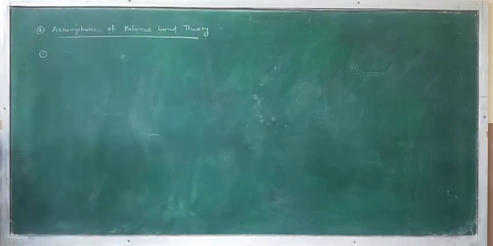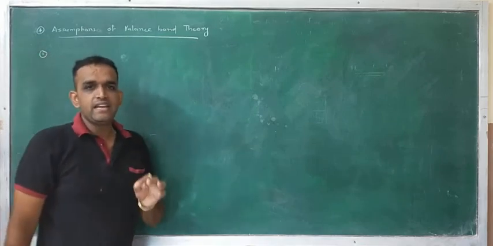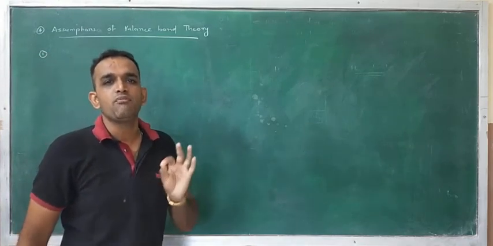First one, we can say that the strength of the covalent bond is directly proportional to the overlapping of an orbital.